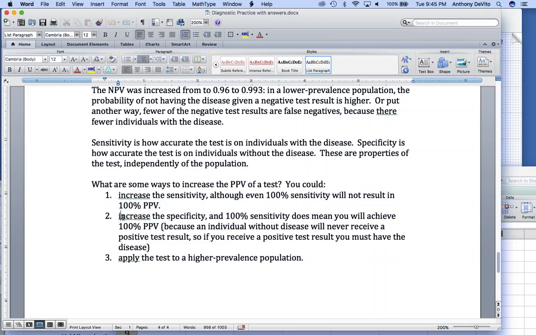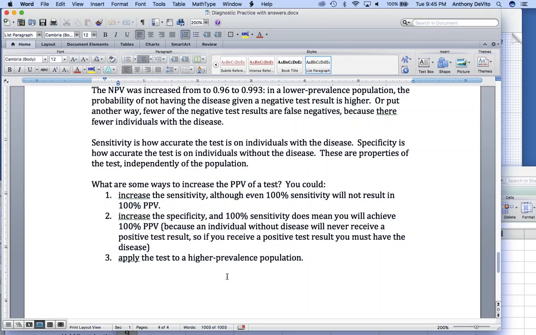You can increase the specificity, but you'll be missing some people if you increase the specificity. You'll have a better positive predictive value, but you may miss some people if you don't increase the sensitivity, because they'll test false negative.